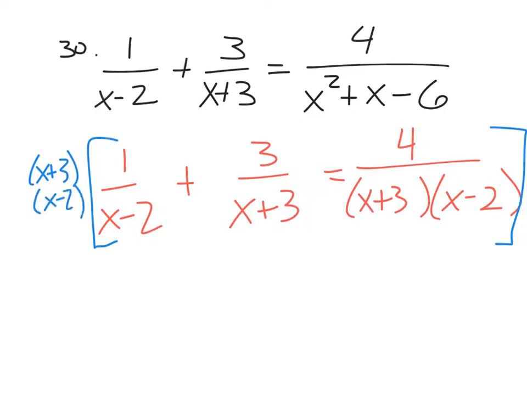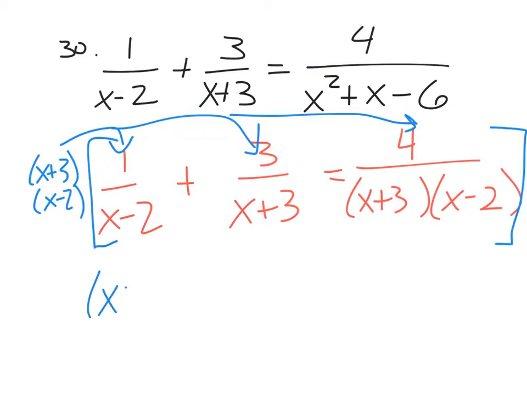So does that make sense on why I'm picking those to multiply by? Remember, these are over 1, and so when I distribute it like this, we'll be able to cancel some stuff. So what gets canceled in this first term here? So then what's left over? X plus 3. So then this first term just becomes x plus 3. Is that okay with everyone?